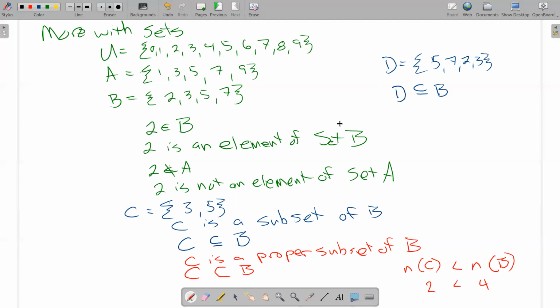They have the same exact elements. It would be incorrect to say, so this would be wrong notation down here, that D is a proper subset of B. That is not true because they have the exact same number of elements. So for a proper subset, you can't have all of the elements in the bigger set. There has to be at least one missing. So proper has at least one less element than the other set.